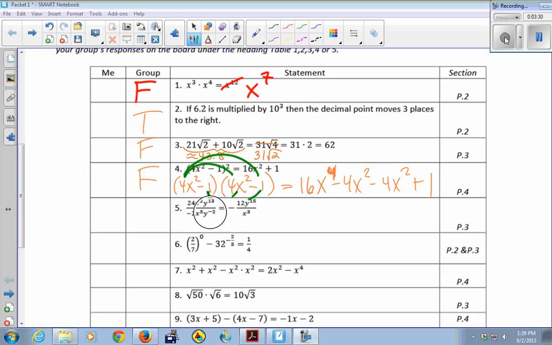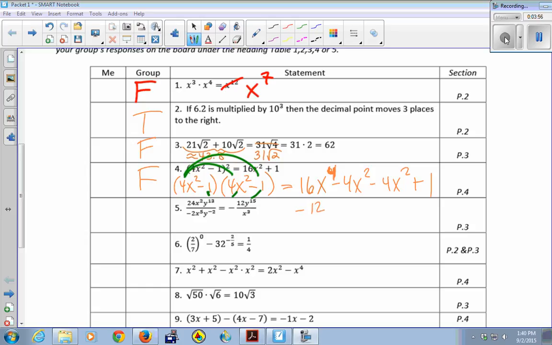Erase here a little bit so we can see what this next thing is. Oh, I've got two fractions. Are they actually equal? We have to maybe reduce the one on the left and see if it equals the one on the right. If I just look at the constants, 24 over negative 2 is negative 12.